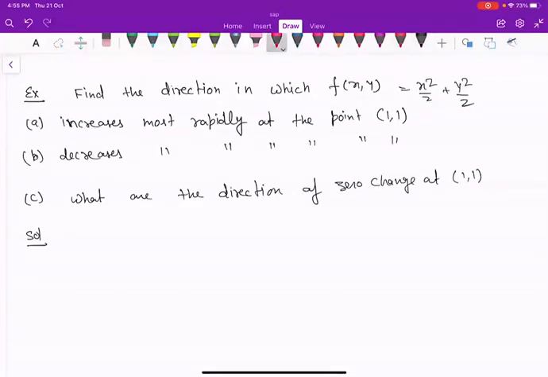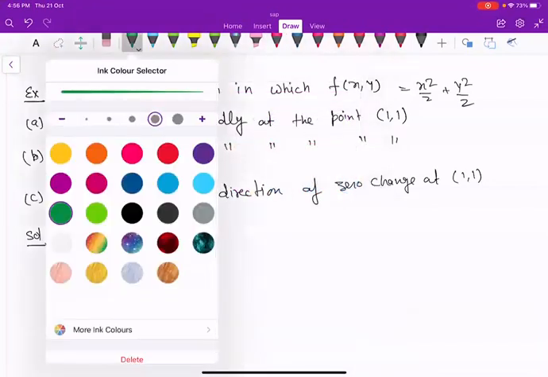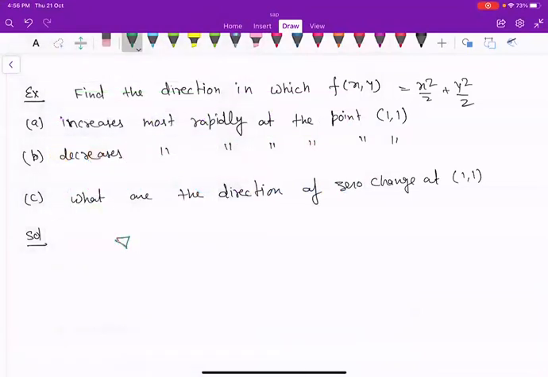So the first and second parts are very simple. First of all, what we have to do is compute the value of del f. So del f is what? It is del f over del x of x square by 2 plus y square by 2, i, plus del f over del y of x square by 2 plus y square by 2, j.